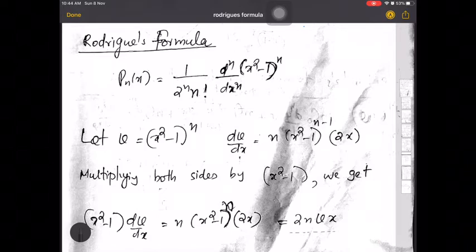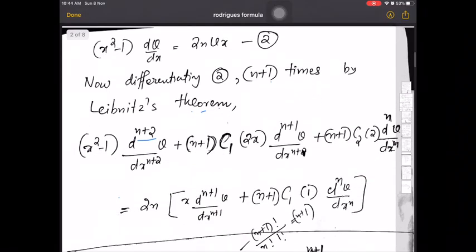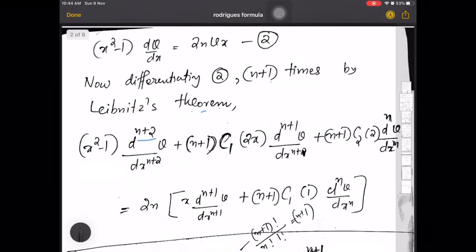So this is equal to 2n v x, because we know (x square minus 1) to the power n is v. So we have equation 2, which says (x square minus 1) dv by dx equal to 2n v x.